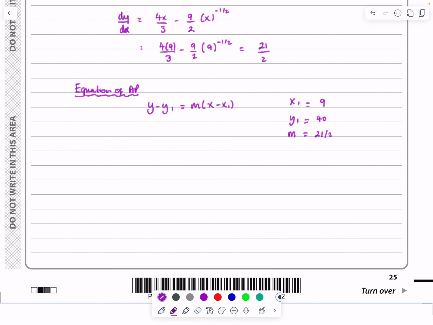So if I put all of that information in now, y minus 40 is 21 over 2 times x minus 9. Let's tidy that up, multiply everything by 2. We're going to get 2y minus 80 equals 21 times x minus 9, so 2y minus 80 equals 21x minus 189.